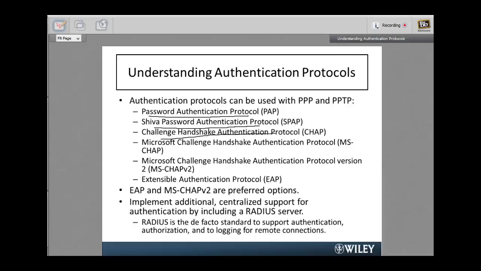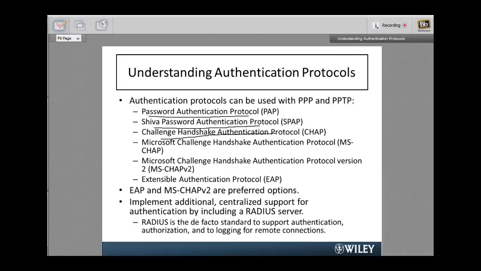These protocols actually make sure that the user you want to communicate with is known and is part of the system. You provide the username and password, and then the protocol will verify that you are authenticated to get into this system.